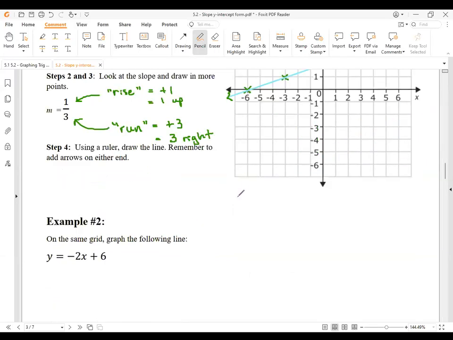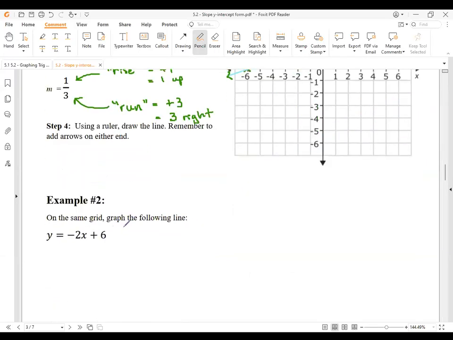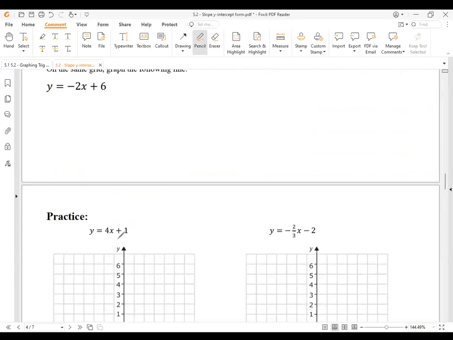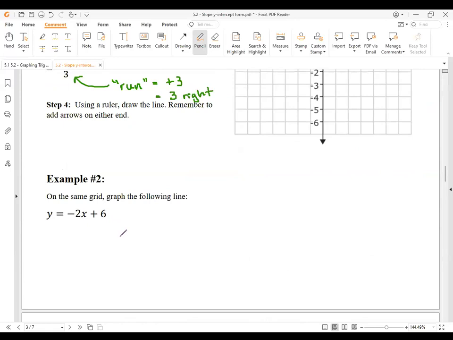Okay. On the same grid, graph the following. I am going to leave this with you as a practice, and I'll fill it in. But please remember, the slope of -2 is the same as -2 over 1. What does that mean?